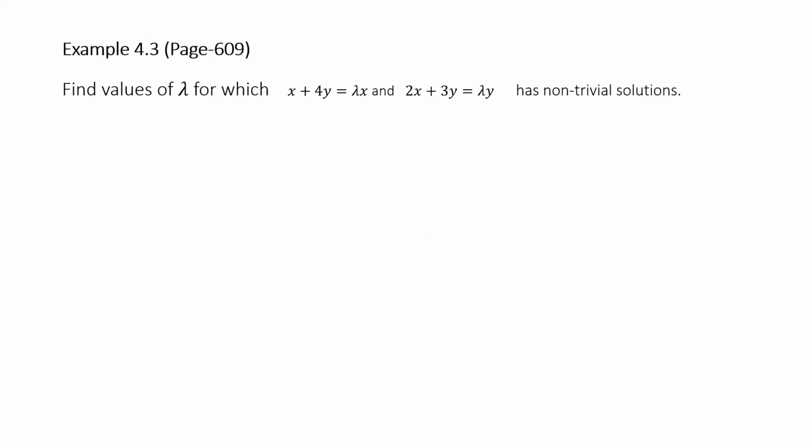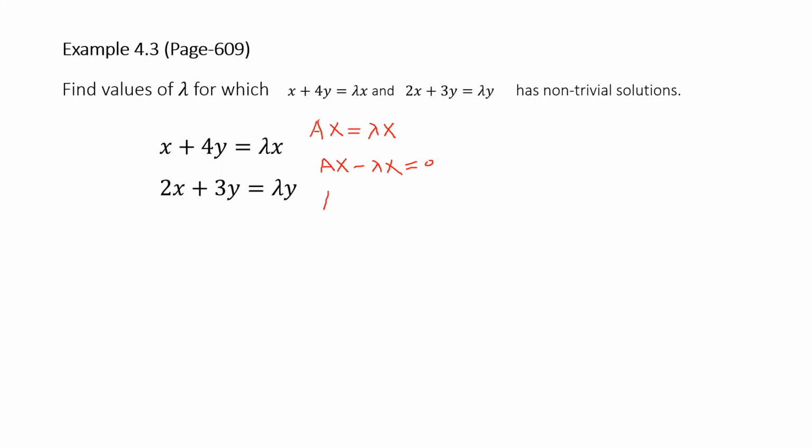Shall I do it or shall I leave it for you as an example? I think let's go through it quickly. So A x equals lambda x, then A x minus lambda x equals 0.